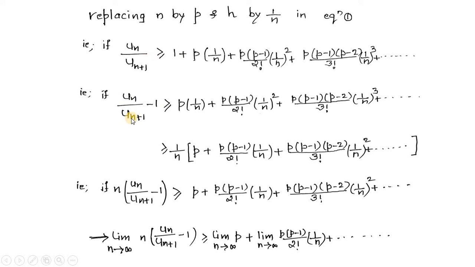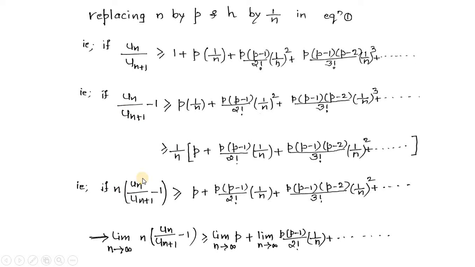We'll have un by un plus 1 minus 1 is greater than or equal to p into 1 by n plus p into (p minus 1) by 2 factorial into (1 by n) whole square plus so on. Again, take 1 by n as a common term outside, and the rest of the terms as p plus p into (p minus 1) by 2 factorial into 1 by n plus so on. Again, take n to the left hand side.